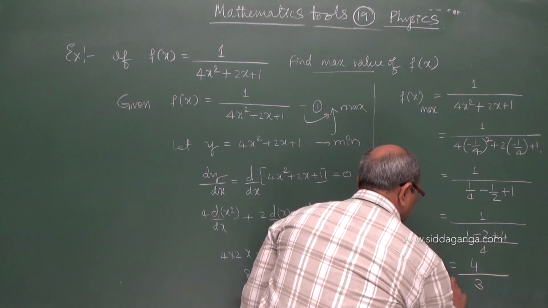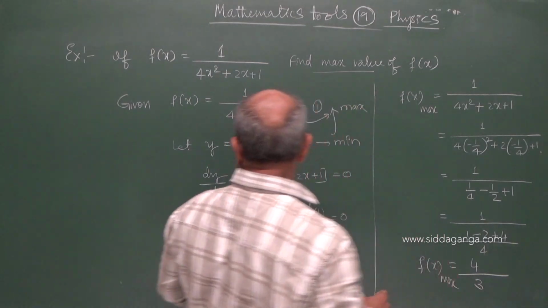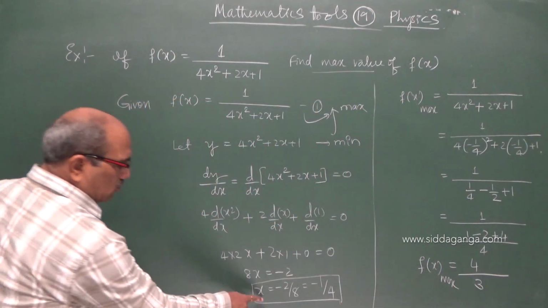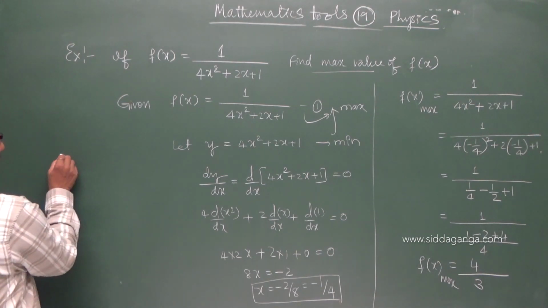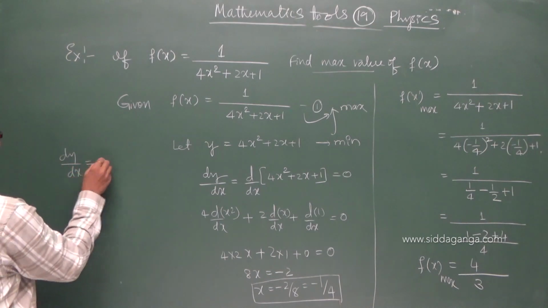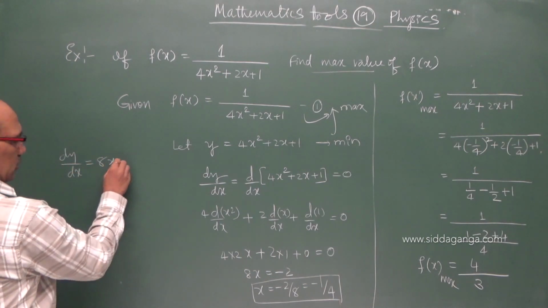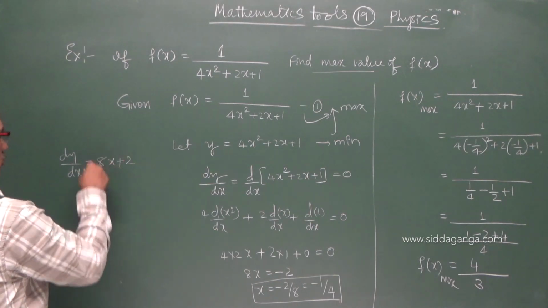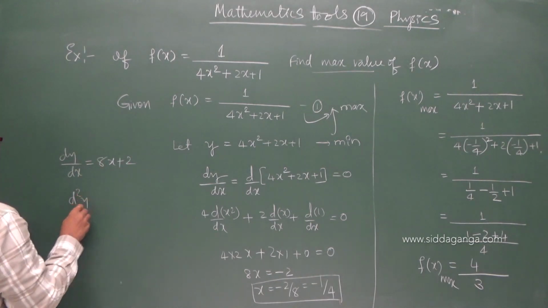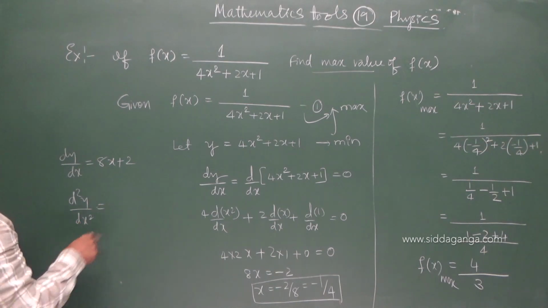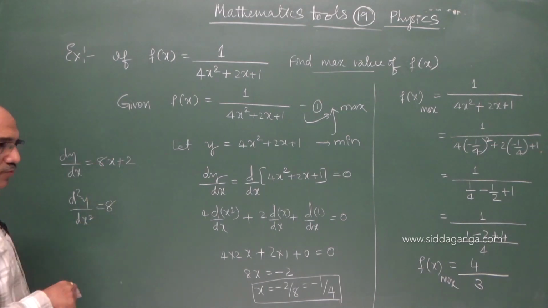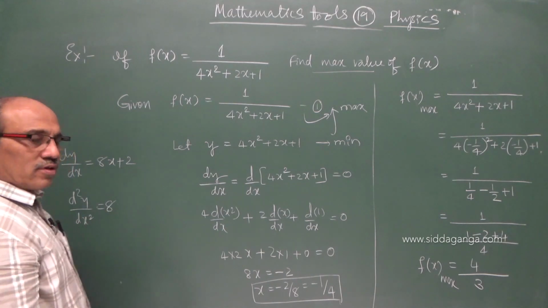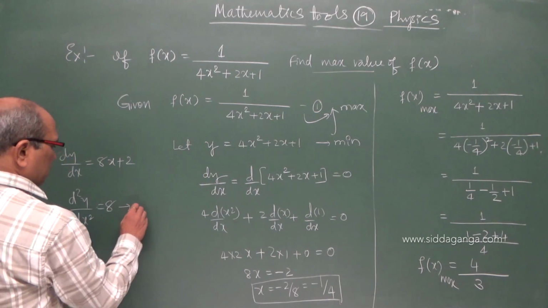For confirmation, you already have dy by dx equal to 8x plus 2. If you find d square y by dx square, it becomes 8 only, as x is removed. 8 is positive, which means this is a minimum.